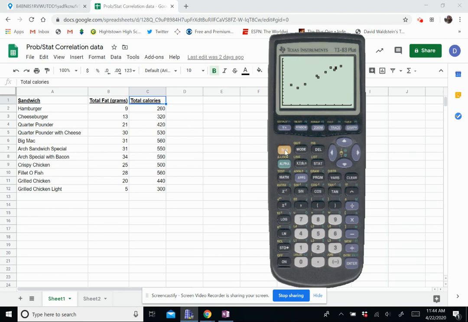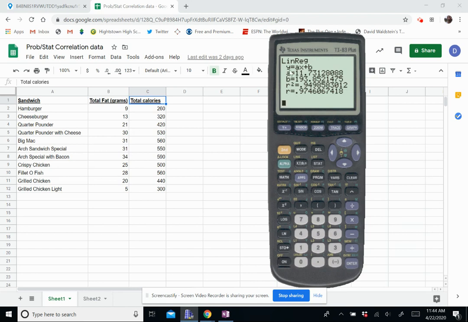Now, again, I don't know if your calculator resets the memory, so I'm just going to turn my diagnostics on again, just in case. If you remember, you hit second and then that 0, and then we scroll down to diagnostics on. That'll show us the correlation again. Hit enter. Now we're going to go to stat, over to calc, and linear regression. This is the same way we found the correlation last time.